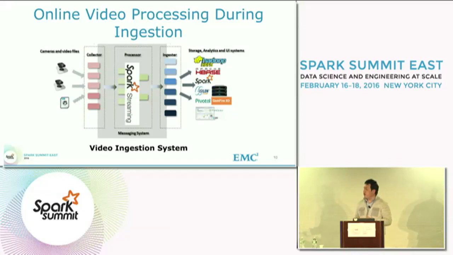Here we leverage Spark streaming to implement the process component and to conduct the video processing during injection. The purpose of online video processing during injection is twofold. On the one hand, real-time analytics use cases take place here for extremely low latency, like anomaly detection.